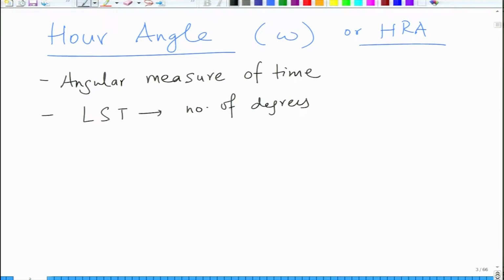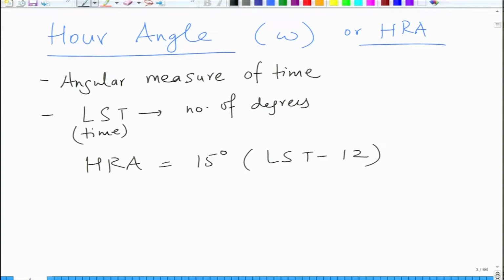So, basically it converts the time into a number of degrees. HRA is given as 15 degrees times (LST minus 12). So, by definition the hour angle is 0 at solar noon.